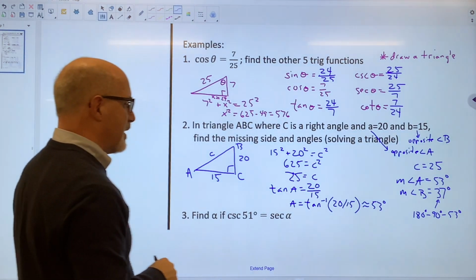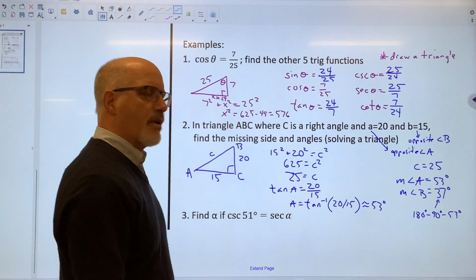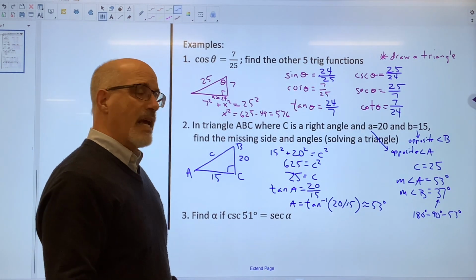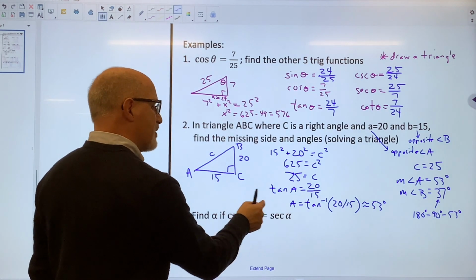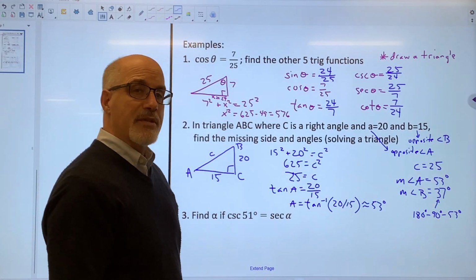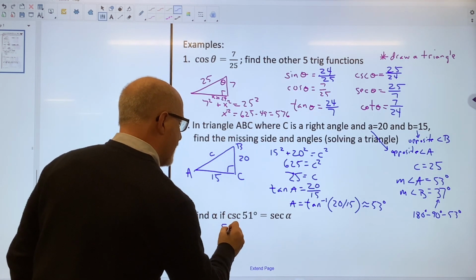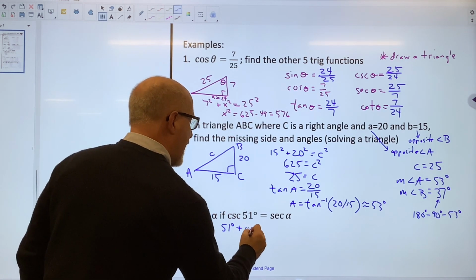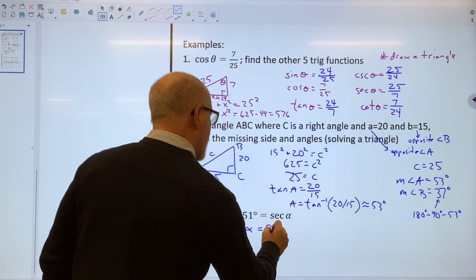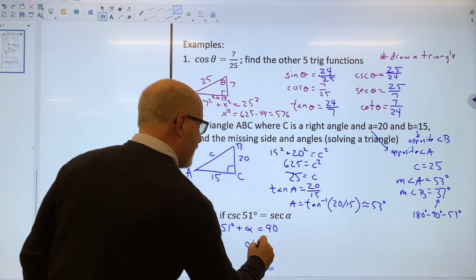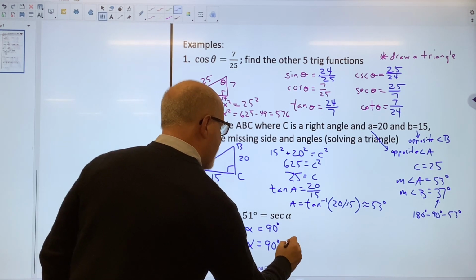Our last problem here is if you got cosecant of 51 degrees, you want to find secant. Let's go ahead and use our cofunction identity. These two angles have to add up to 90 degrees. So there's two ways to do it. You can either say 51 degrees plus alpha, that's the Greek letter alpha, is equal to 90, or more likely you'll just say that alpha is equal to 90 degrees minus the 51.